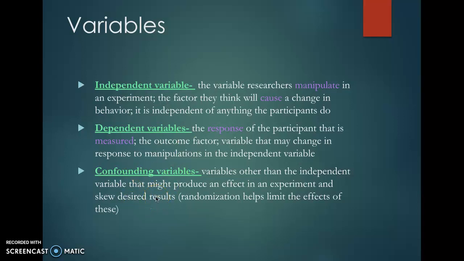That grapefruit would be a confounding variable because it's actually changing the outcome of the study, but it's not supposed to be there. So confounding variables are things that can mess with results that are not supposed to be there.